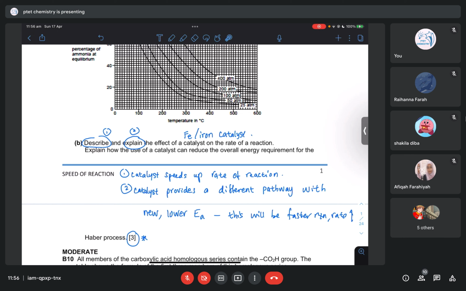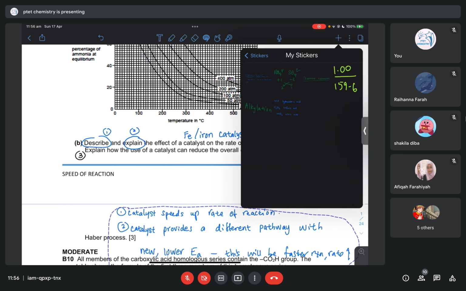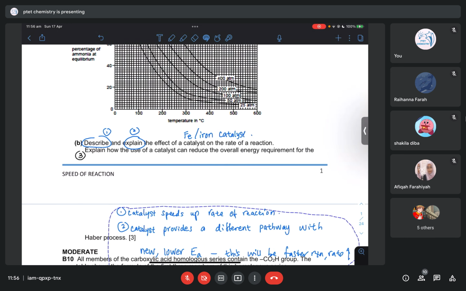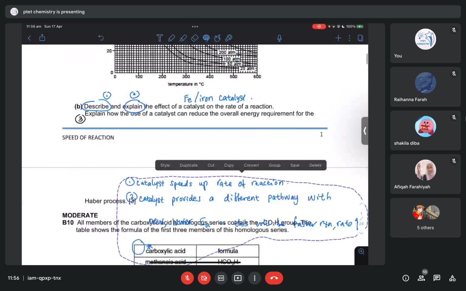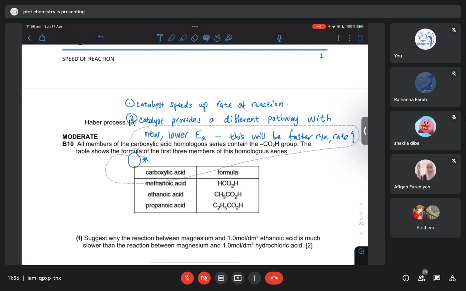Now explain how the use of catalysts can reduce the overall energy requirement. So you know that this Haber process will take place at a high temperature, because nitrogen is not easily reacted, because you are reacting a nitrogen-nitrogen triple bond. So, you know, they don't react easily.